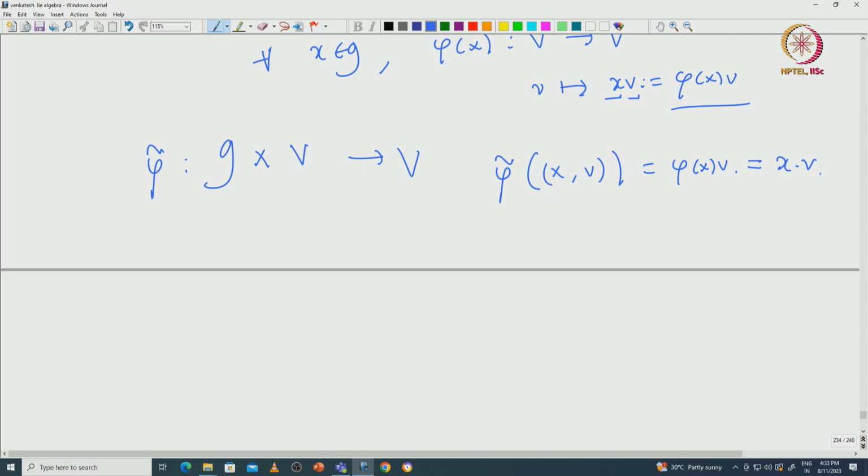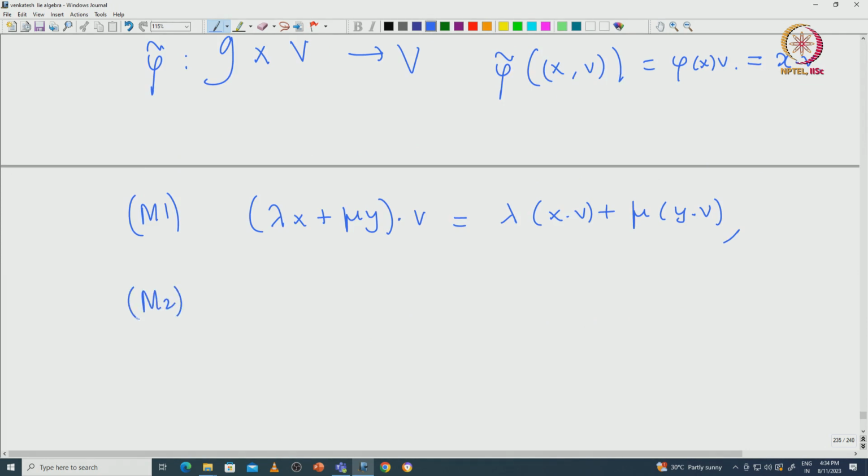Using this x dot v, this phi tilde must satisfy the following properties. Here is the first property; these are all called module properties. You can take lambda x plus mu y and act it on v, and it should act linearly. So, you should get lambda x dot v plus mu y dot v.